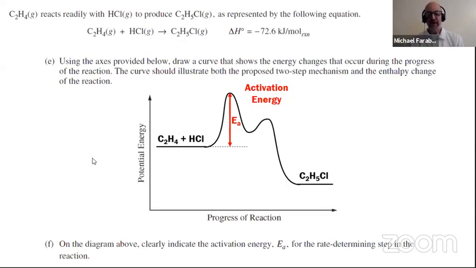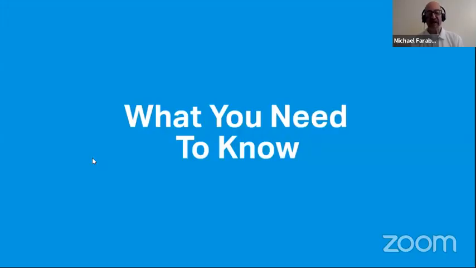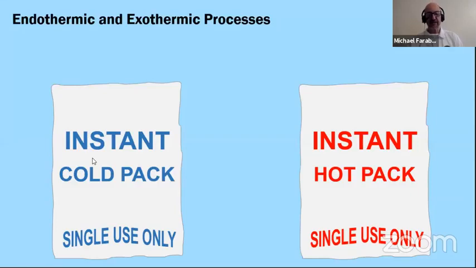All right, so now moving on to our information about thermodynamics today. I'd like to start with endothermic and exothermic processes. And here I have two little examples of where this might occur. You've got an instant cold pack, and it's the kind of thing you can squeeze this bag, and there's a pouch of water inside, and you squeeze the bag until the pouch of water breaks, and it dissolves a particular solid.